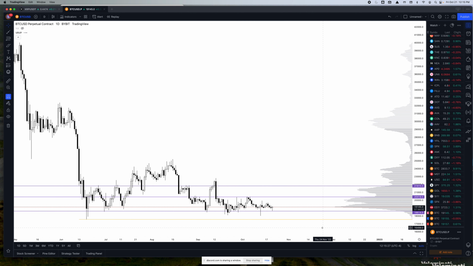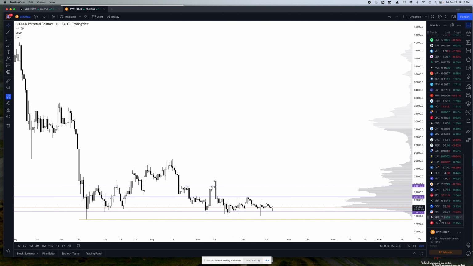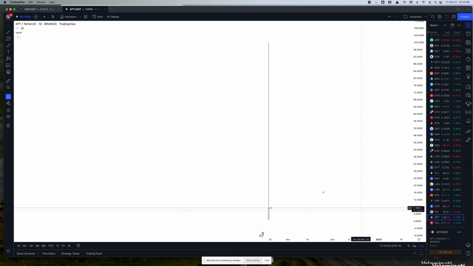And that's how I determine support and resistance. I do it on a monthly, a weekly, a daily chart. I'm very rarely looking at a 30-minute chart to determine legitimate support and resistance, unless, if you were to transfer that over and you want to look at APT, well, there's just nothing there, right?